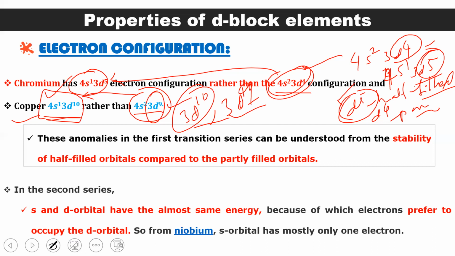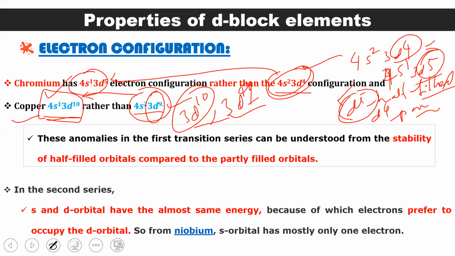And coming to the second series, some of the elements show different electron configurations. From niobium onwards, the elements will show some different electron configurations if you observe the periodic table.